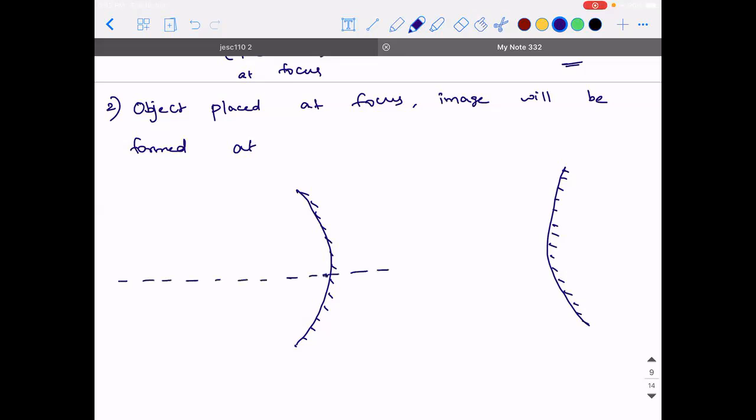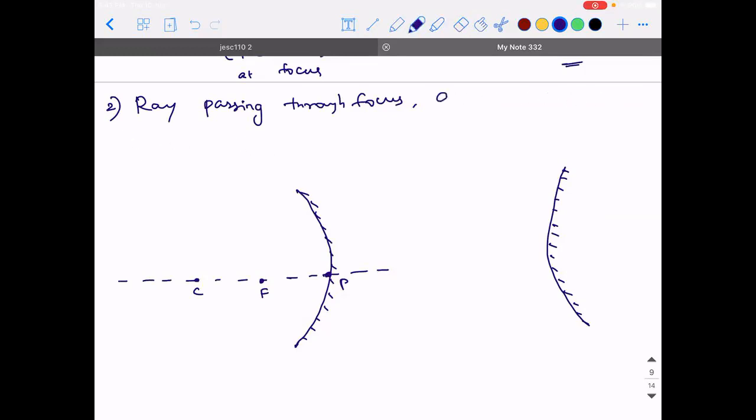So if I take this as the pole, and if the focus is here and the center of curvature is here. So actually, let me do a small correction. Ray passing through focus, after reflection will be, that's what we need to find.